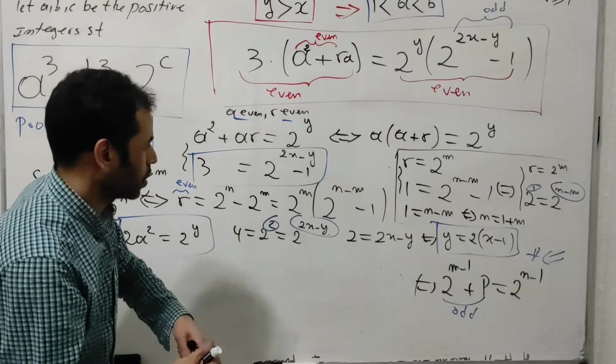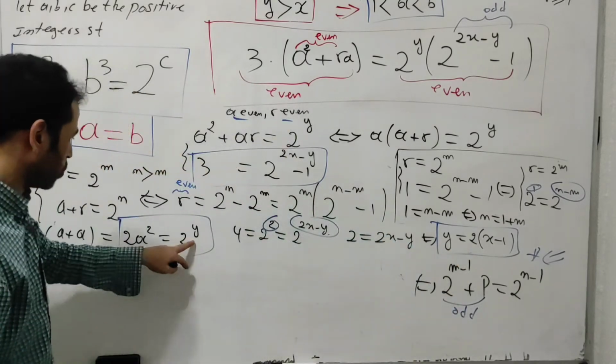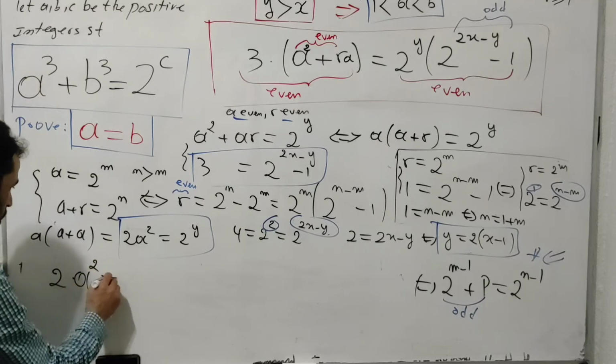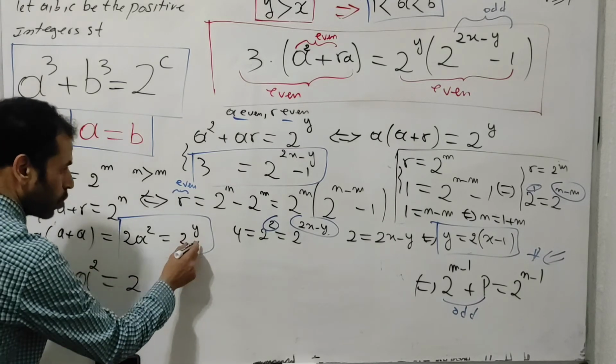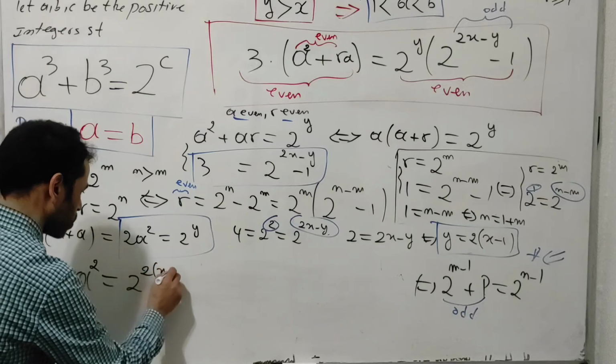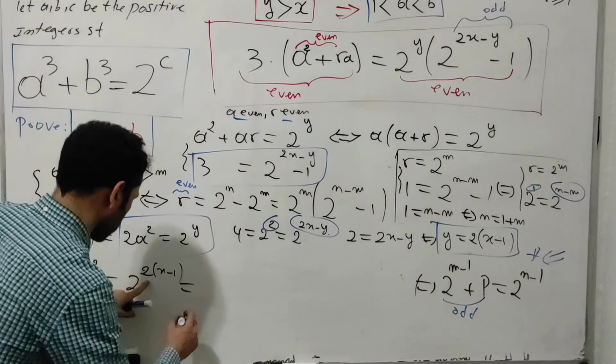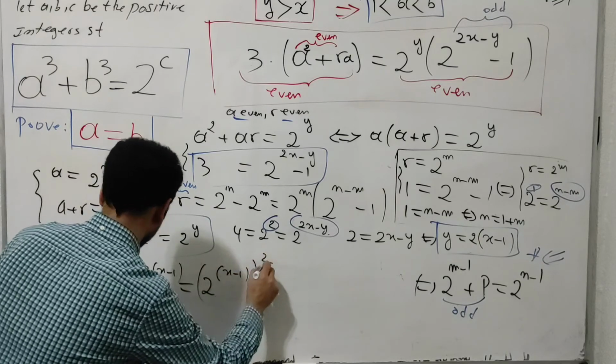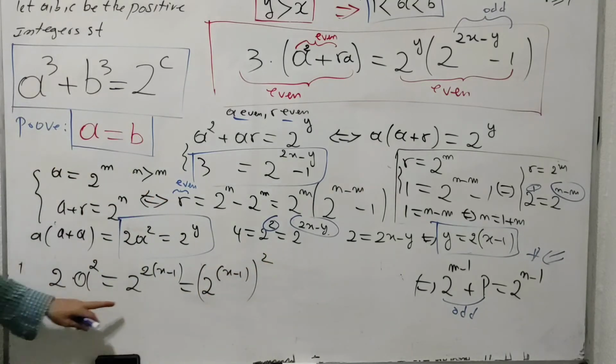Now I'm going to take this value of y and insert it into this equation. I will have 2 multiplied by a squared equals 2 to the y, with y replaced by 2 to the x minus 1. I'm going to write this in the form (2 to the x minus 1) squared. I'm going to take the square root on both sides.